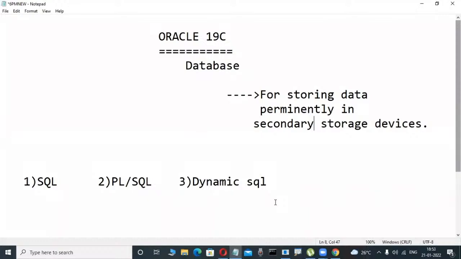ETL developers always need subqueries, joins, materialized views, indexes, partitions, some concepts. OLAP features like rank, dense rank, analytical functions, lag and lead, some analytical functions, some knowledge is required. And PL/SQL stored procedures. Just before 10 a.m., 3 batches are there, because some syllabus is already going on.